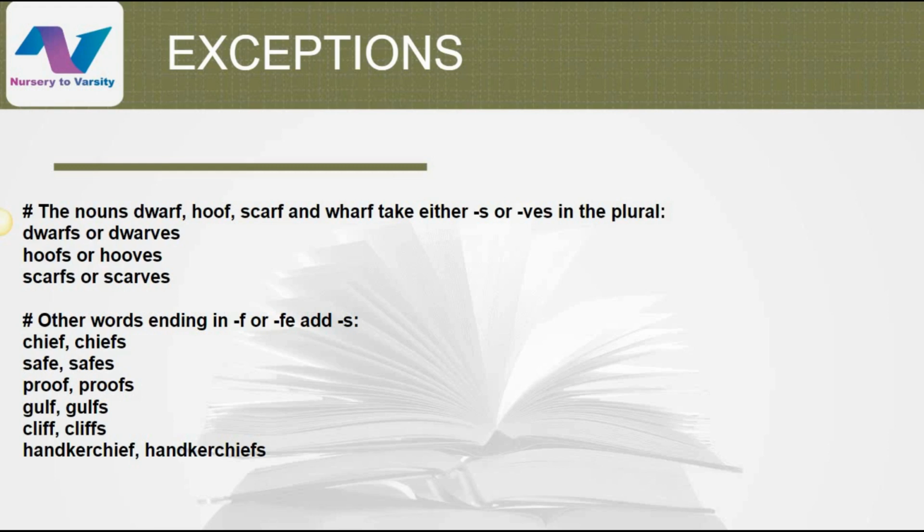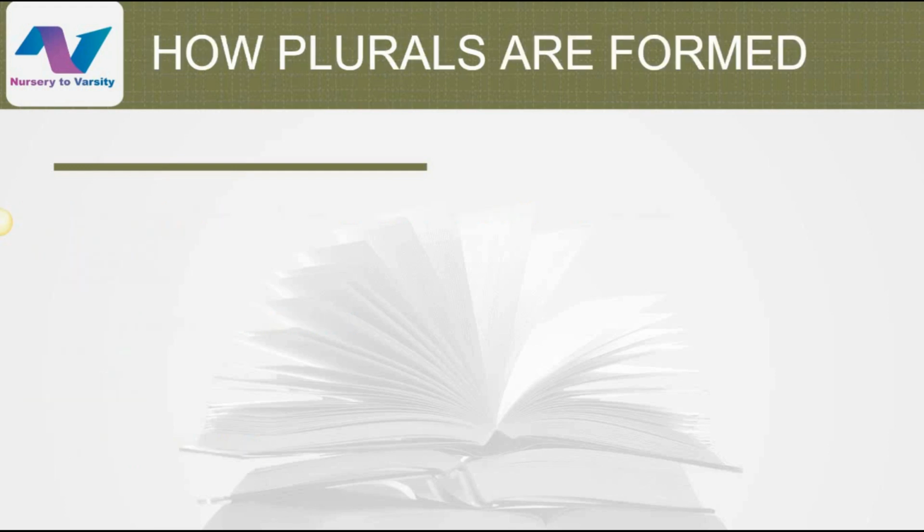But as per the exception, as you can see in the examples here, chief is simply ending with F but adding S into its plural form. Safe, safes, proof, proofs, gulf, gulfs, and there are a number of words like that. So these are simply exception cases to the previous rule we had.